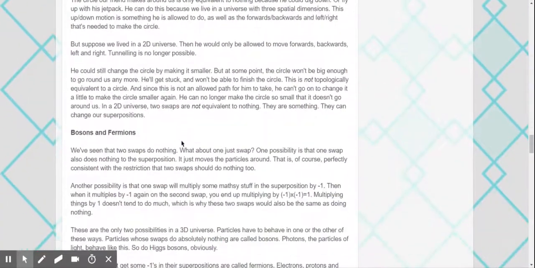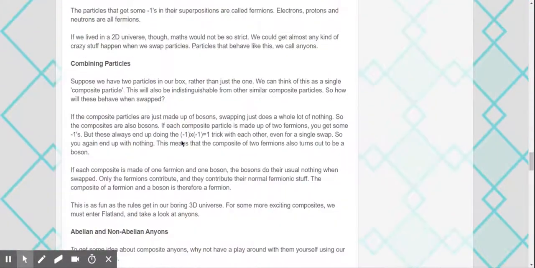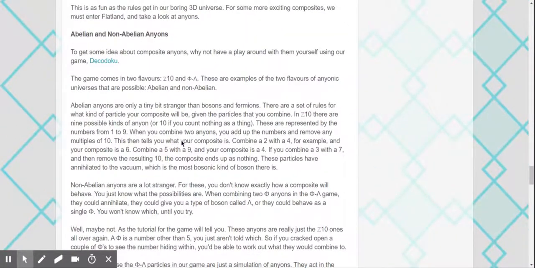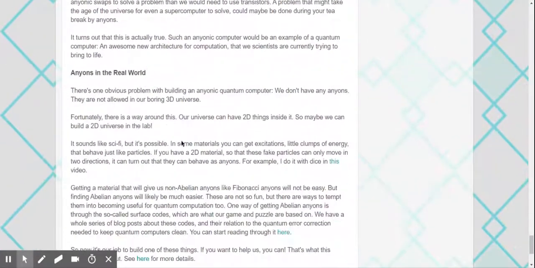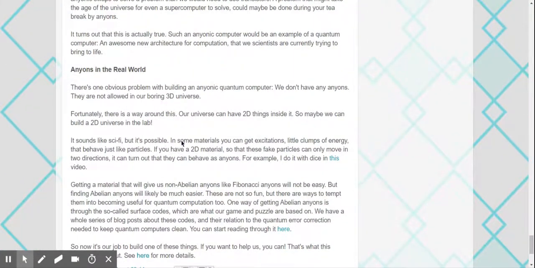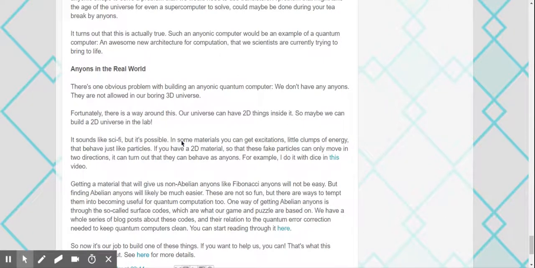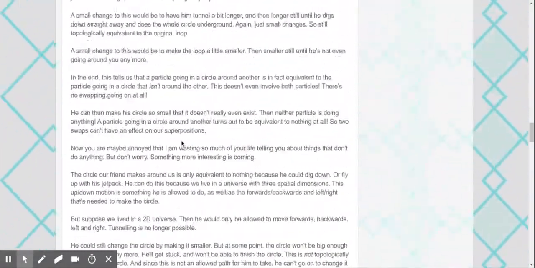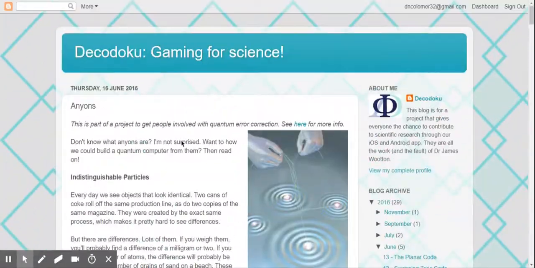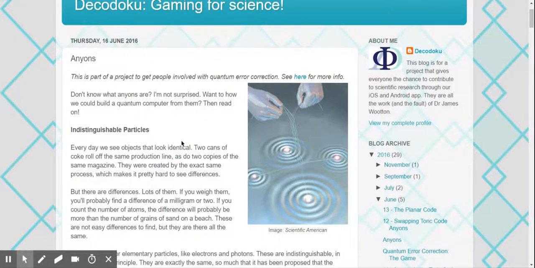But I don't know if this is something I can skip, or is it something mandatory to anyons in the real world? An anyonic quantum computer. Quickly scan through that. So I don't know what anyons are. If you want to know how we could build a quantum computer from them, then read on.